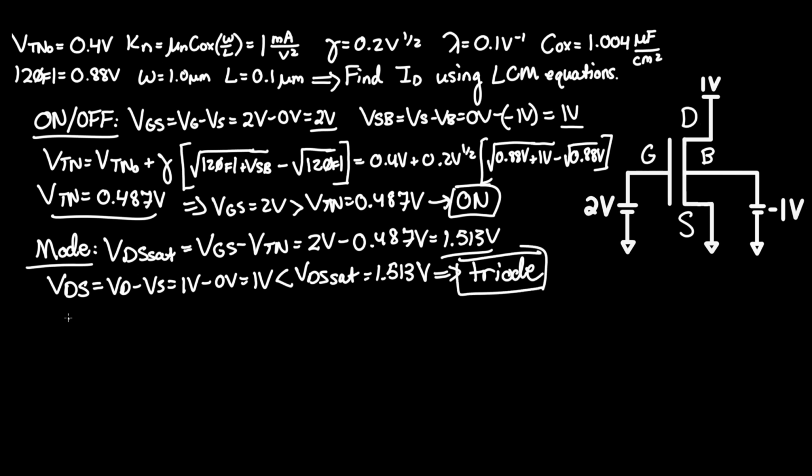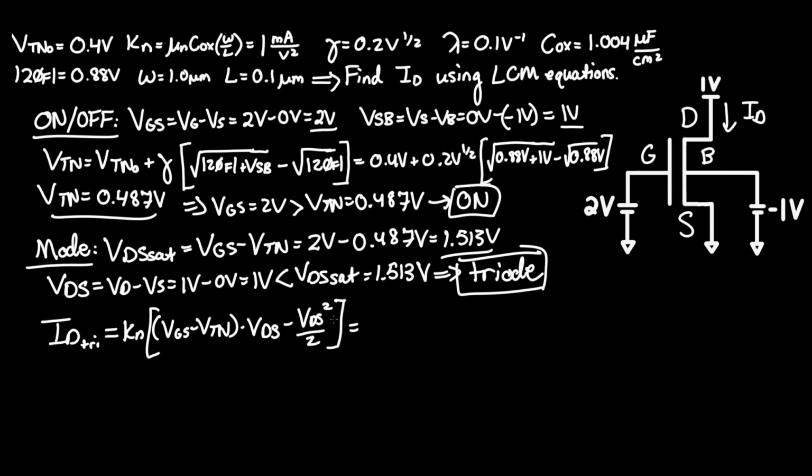Given the state, we can calculate the current, which I'll call ID since it's through the drain. And I'll add a little try to imply that it's in the triode state, and that equals Kn times VGS minus VTN times VDS minus VDS squared over 2.